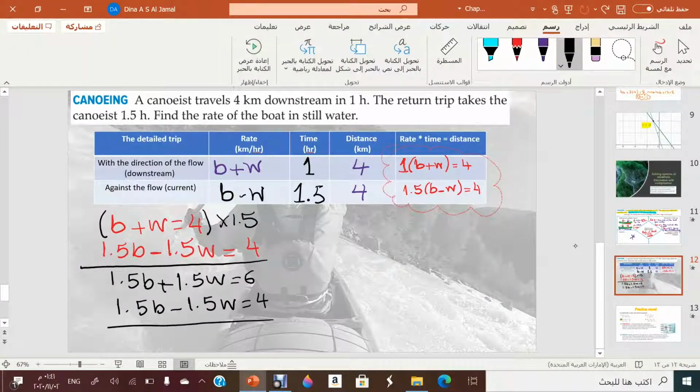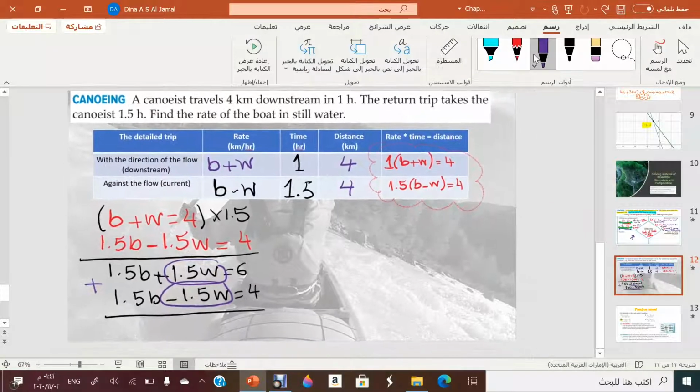Now again, focus on this. You would like to eliminate it. It has different signs, so it is easier to add and eliminate. Whenever you add 1.5B plus 1.5B, you get 3B.